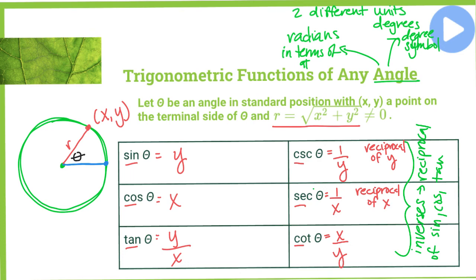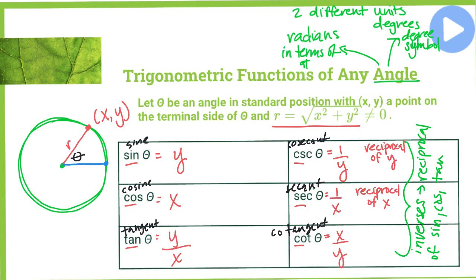So this is sine, cosine, tangent, cosecant, secant, cotangent, my bad. It's always easy to remember that tangent and cotangent go together, like cotangent is the inverse of the tangent because they both have the word tangent in them.